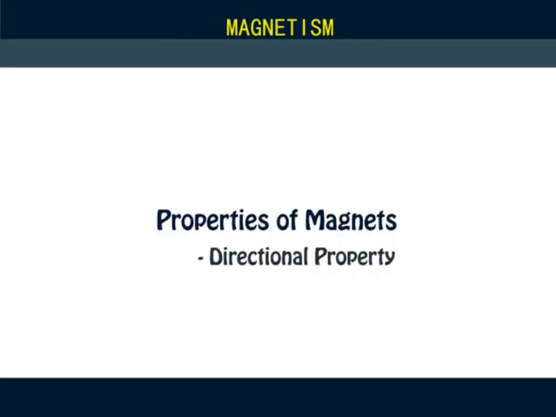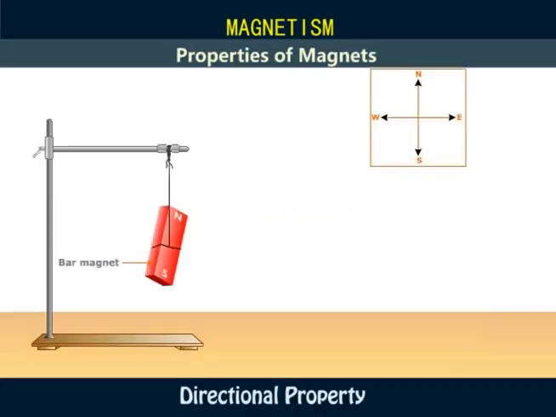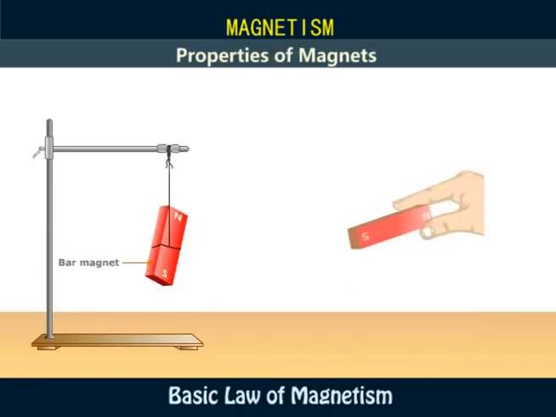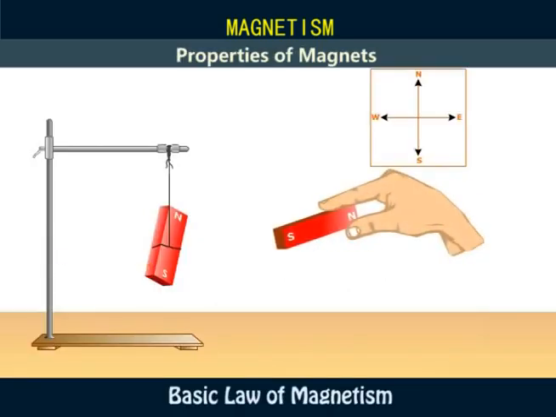Directional property. A bar magnet is suspended freely on a stand using a thread and allowed to come to rest. It is observed that the magnet aligns itself in the north-south direction. We bring the south pole of another magnet near the south pole of the freely suspended magnet.